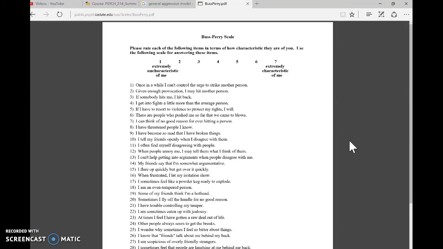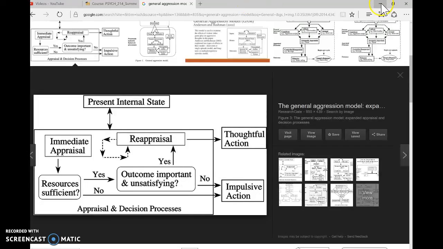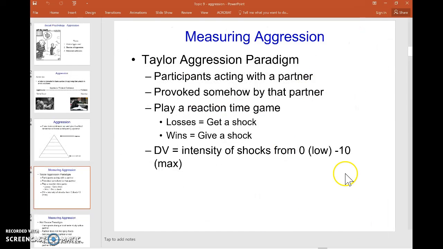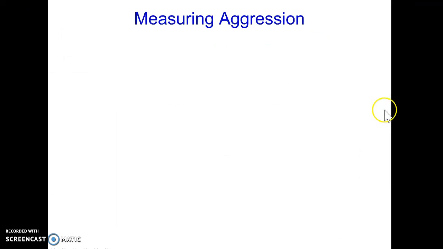And so this is the way we do it at the trait level, but at the state level, it's a little more difficult. At the state level, we have to figure out an ethical way to assess behaviors that aren't too extreme.